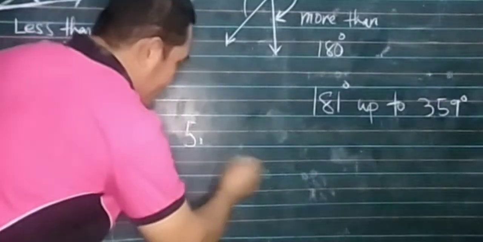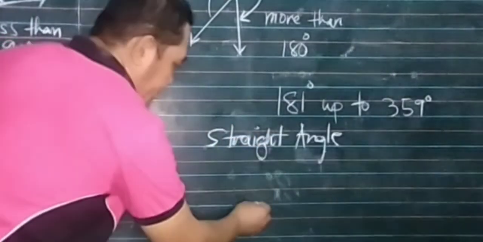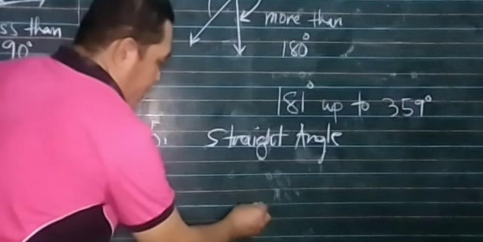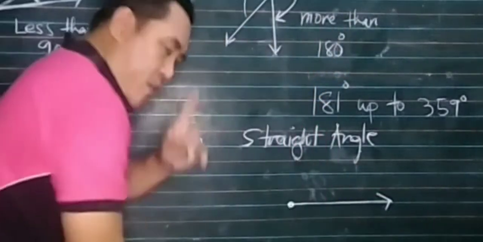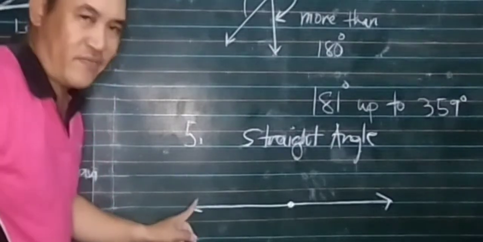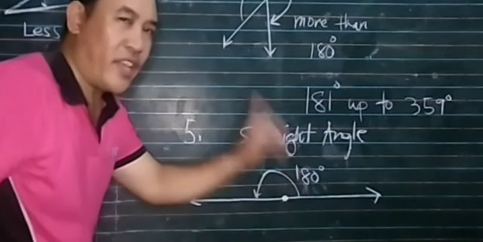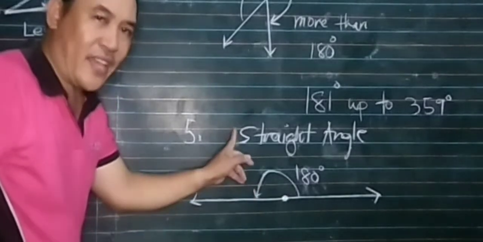Straight angle. This is an example of a straight angle. The line is going to the right direction. The other one is going to the left, the opposite direction. If the angle forms exactly 180 degrees, this angle is called a straight angle.